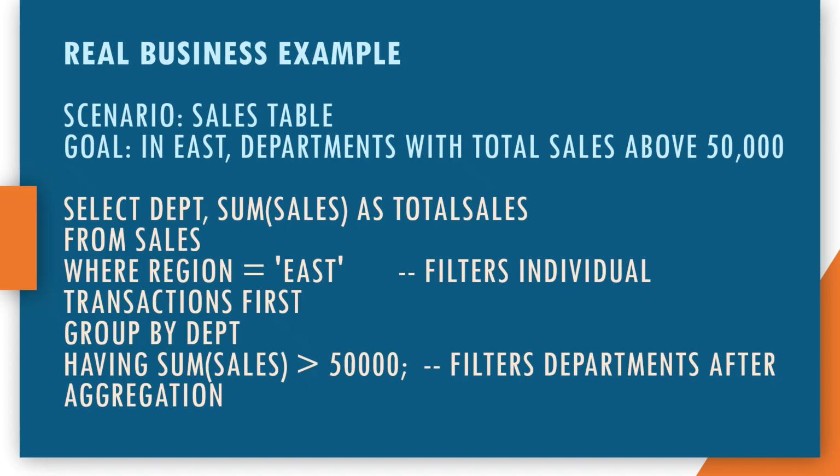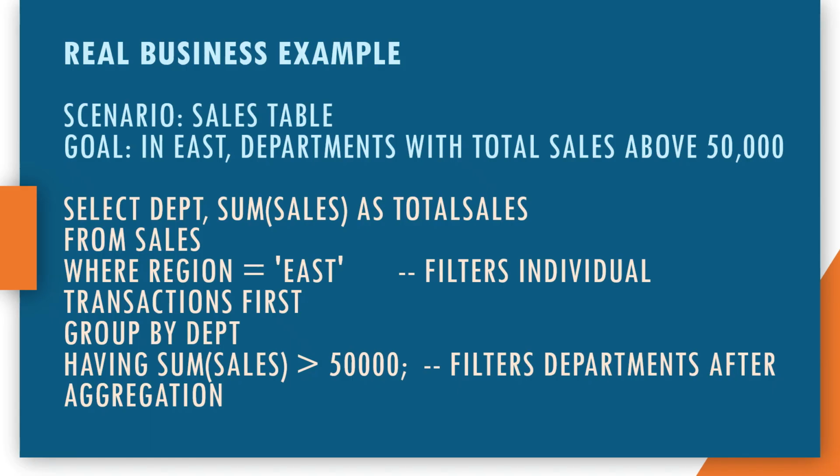First, where filters individual transactions. For example, where region is east keeps only sales from east. Then, group by combines those rows by department and calculates totals like the sum of sales for each group. Finally, having filters the grouped results, such as having sum of sales greater than 50,000, to show only departments that meet the target. In short, where filters rows before grouping and having filters groups after aggregation.